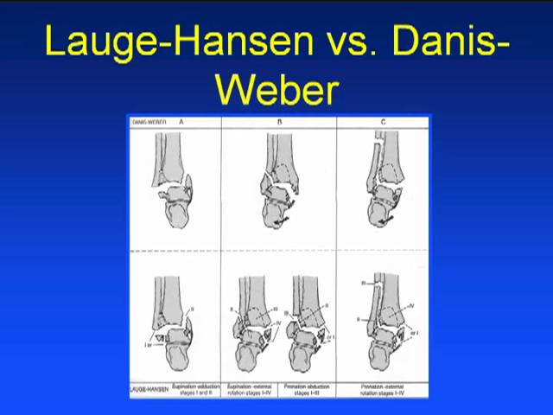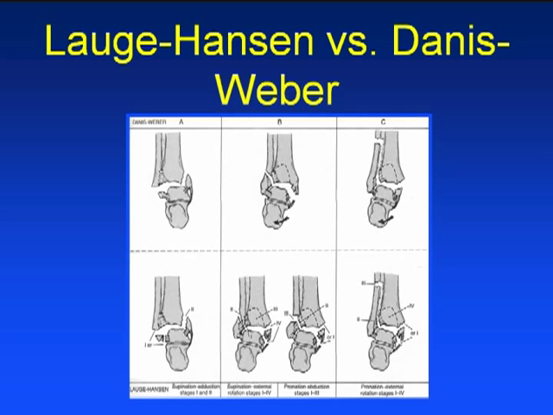In the Weber C, you end up with a pronation external rotation type injury, so these have a 1-to-1 correlation. However, in the Weber Bs, you either have that kind of cleavage plane oblique fibular fracture we've all seen over and over again, or the more comminuted fracture at the level of the plafond, and you end up either with a supination external rotation injury here on the left, or a pronation abduction injury there on the right.